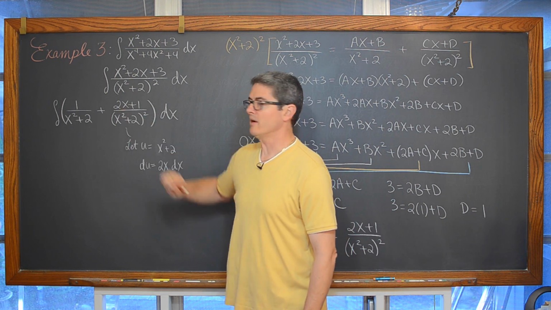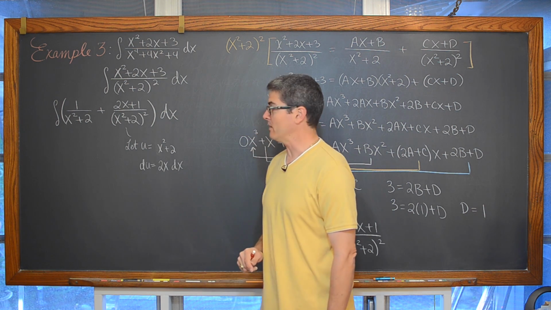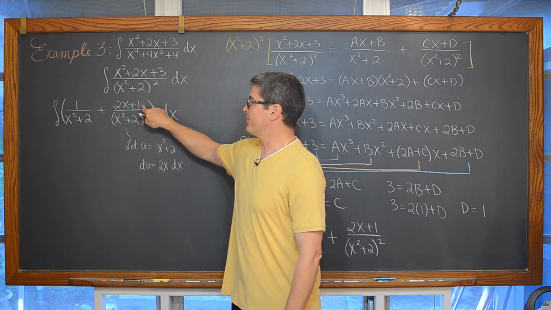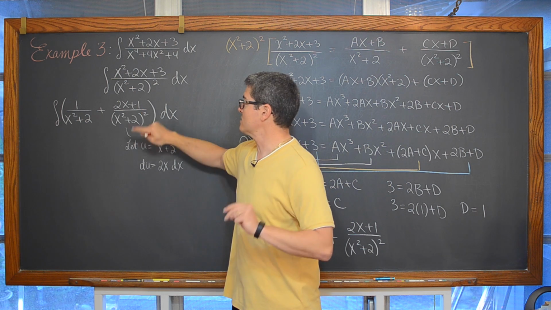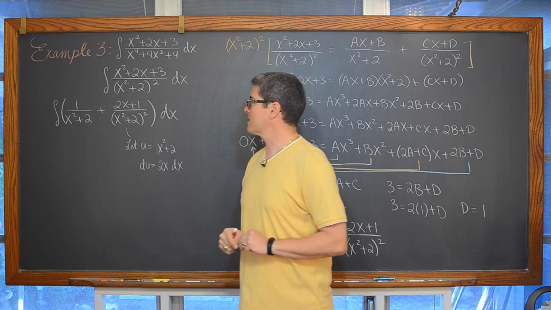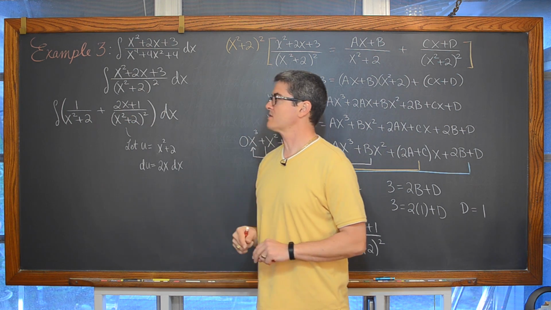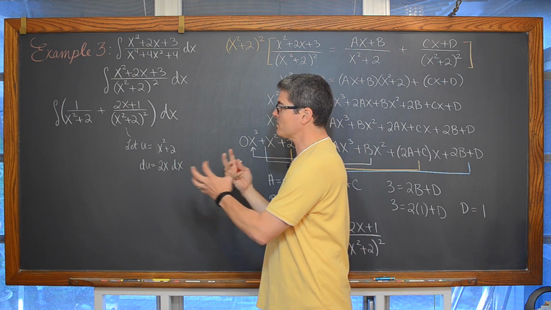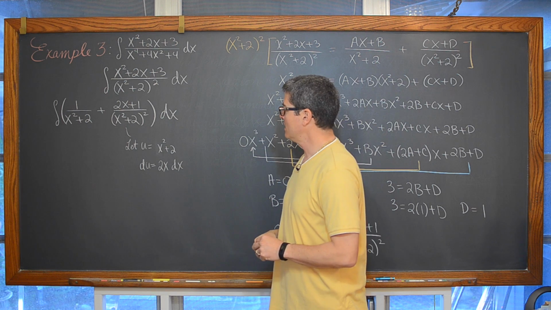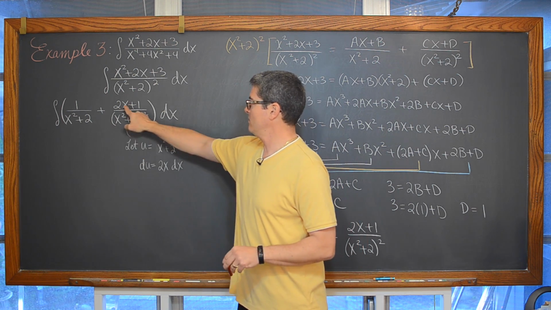Okay, now look at my numerator. I have a 2x in my numerator. So if I pull this apart to be two separate fractions, 2x over x squared plus 2 squared, and then plus 1 over this, then I'm going to have one term that is pretty easily integrated because it's just going to be u prime over u.